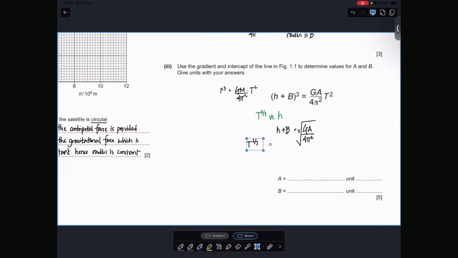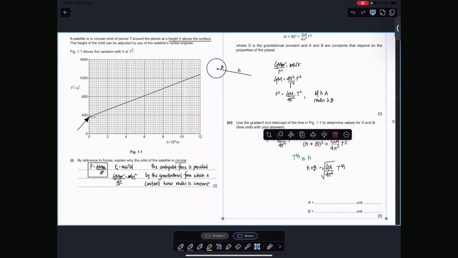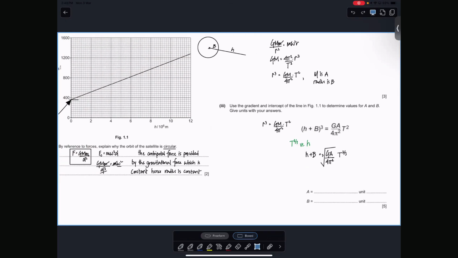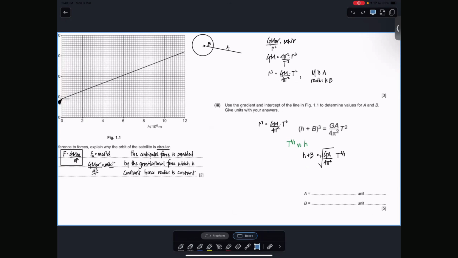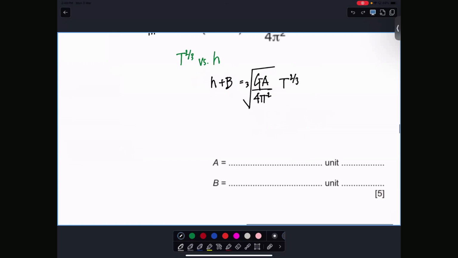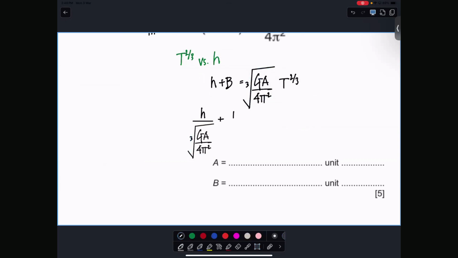But then the equation gets a little complicated and messy. Okay, let me do something else here. H is my x-axis, right? Yes, if we divide by this whole expression, then that's the gradient. So what is the gradient actually? 1 divided by this thing, plus B divided by this thing is what?